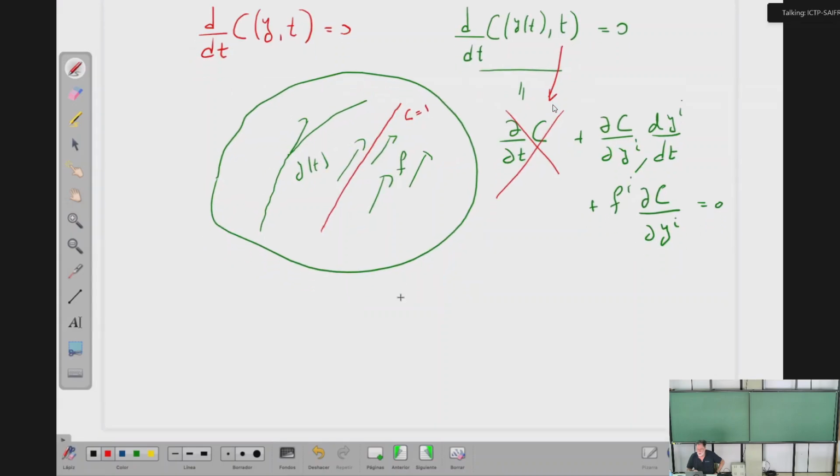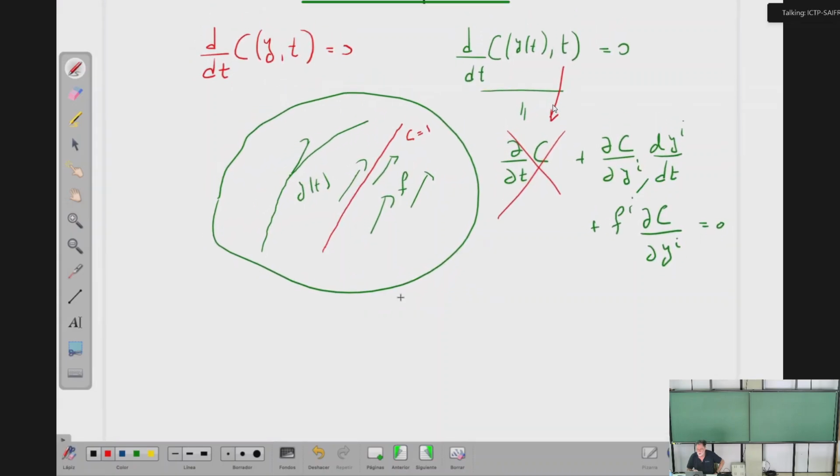So how many conserved quantities, local conserved quantities, that I can define just in a region, can I have? Do you have any idea, somebody?